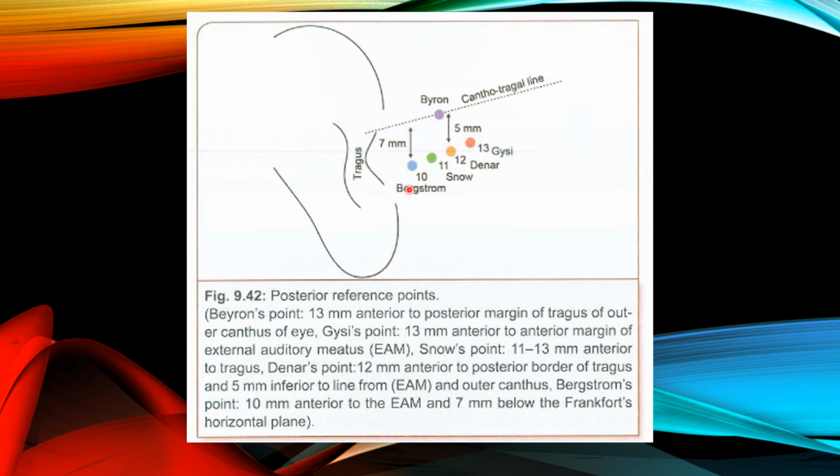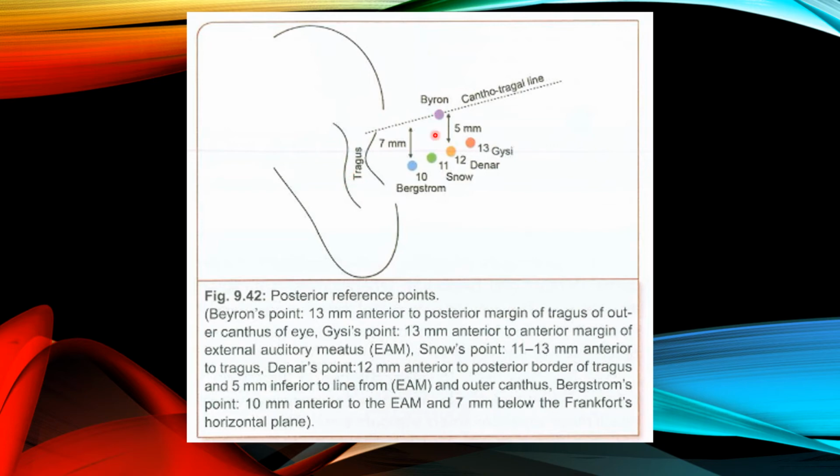So what is the Bayern point? This is the Bayern point. This Bayern point is on the canthotragal line itself, and it is 13 mm anterior to the posterior margin of the tragus, toward the outer canthus of the eye.